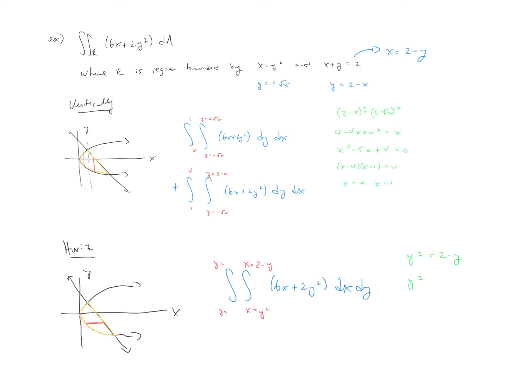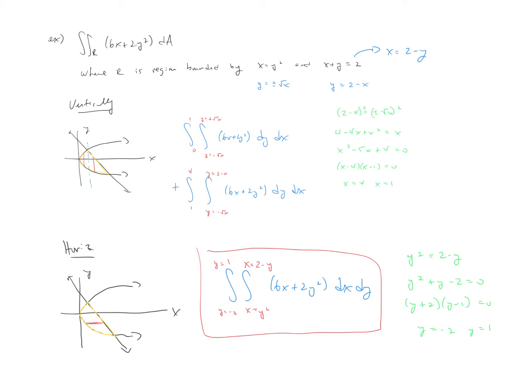So moving some things around, y squared plus y minus 2 equals 0 would factor into y plus 2 and y minus 1, which would give us y equals negative 2 and y equals 1. Both of those also make sense where we have the positive 1 up here and the negative 2 down here. So I'll go ahead and plug those in, negative 2 and 1. And there sets our setup for this particular one going horizontally.